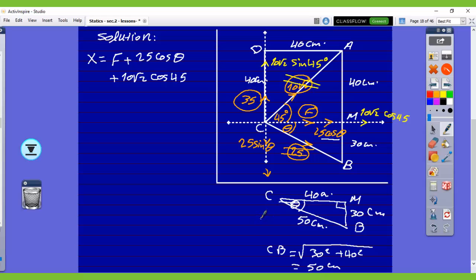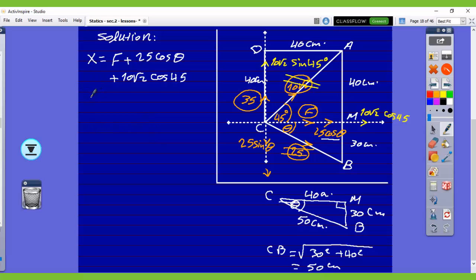So cosine theta equals adjacent over hypotenuse equals 40 over 50, and the sin theta, we'll use it later, equals 30 over 50.